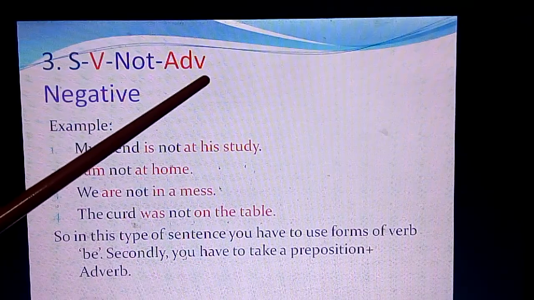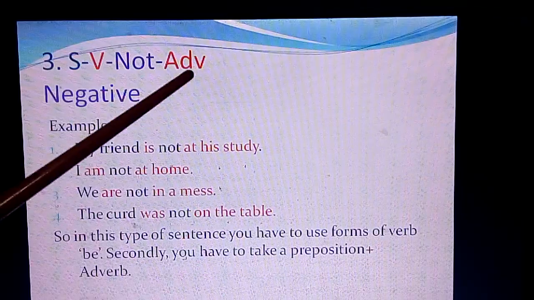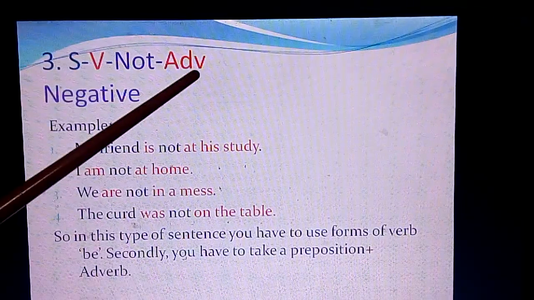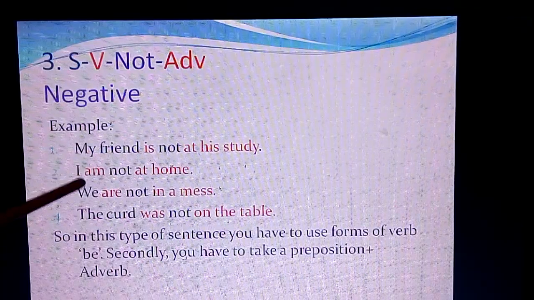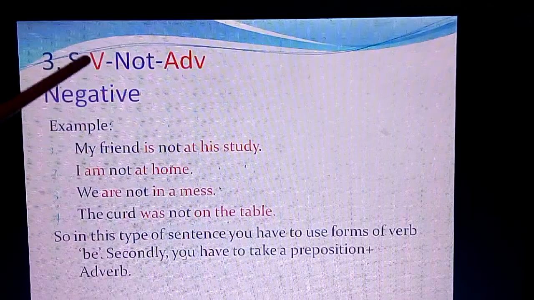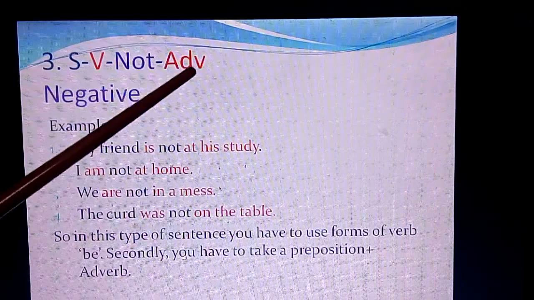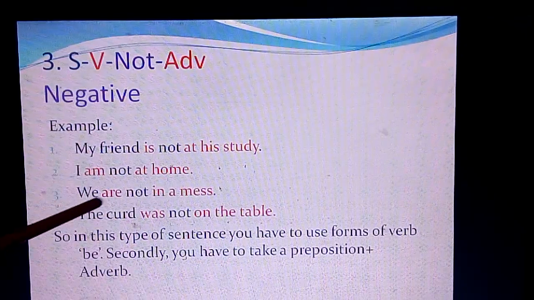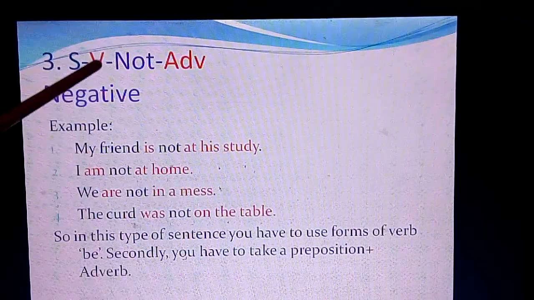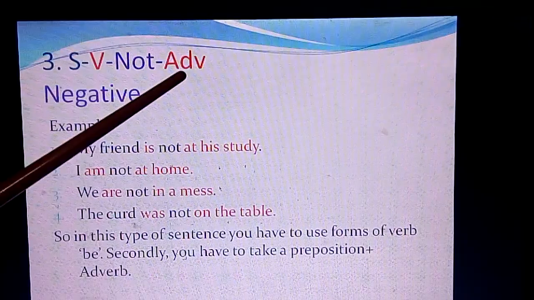At his study. So I am not at home. Second one is I am not at home. Then we are not in a mess.